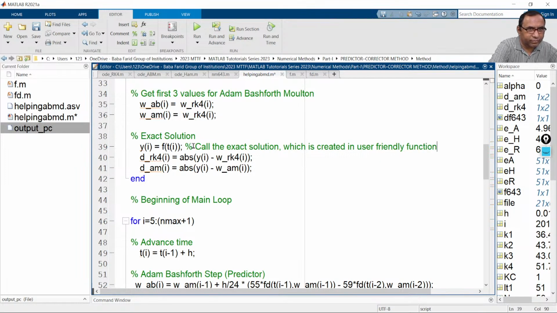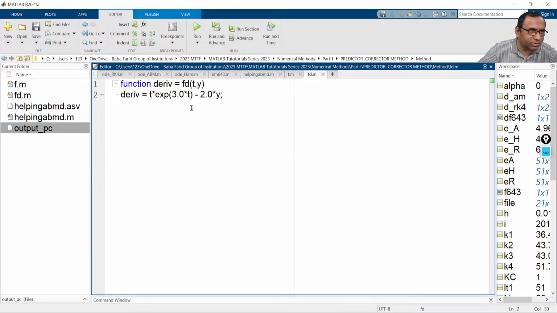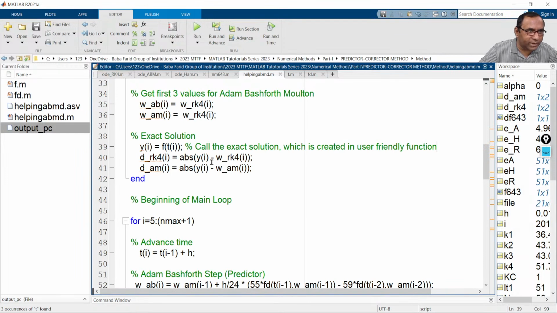Okay, so this is the solution, and this is the given differential equation. These two are created as two functions in separate script files, and then we are calling them at their place. So here this is the exact solution.